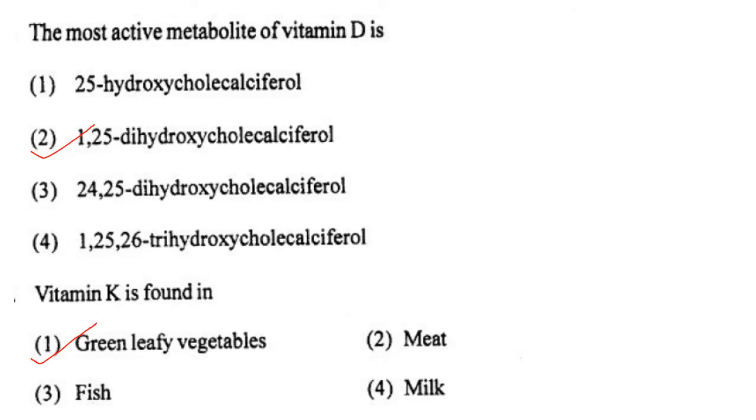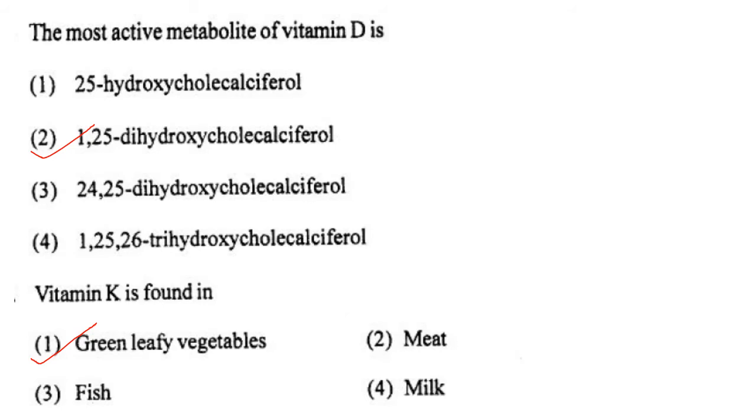The most active metabolite of vitamin D is: 1, 25-hydroxycholecalciferol; 2, 1,25-dihydroxycholecalciferol; 3, 24,25-dihydroxycholecalciferol; 4, 1,25,26-trihydroxycholecalciferol. Answer is option 2, 1,25-dihydroxycholecalciferol.